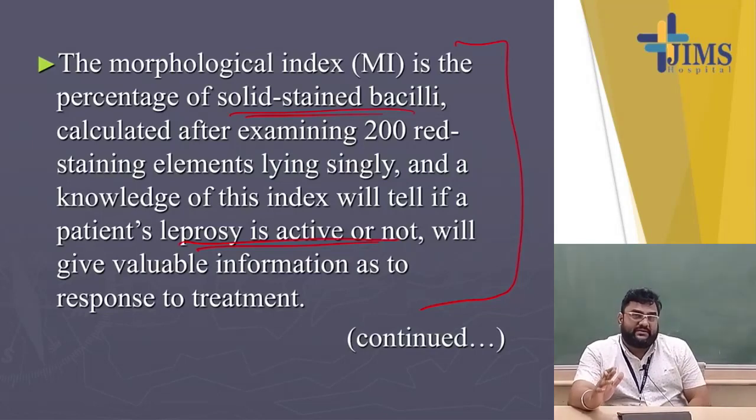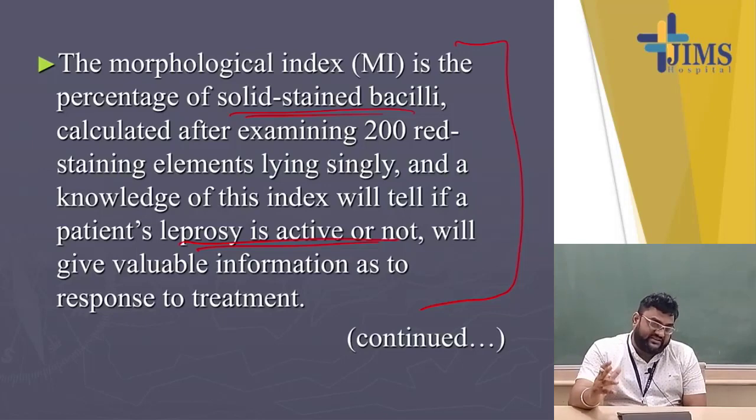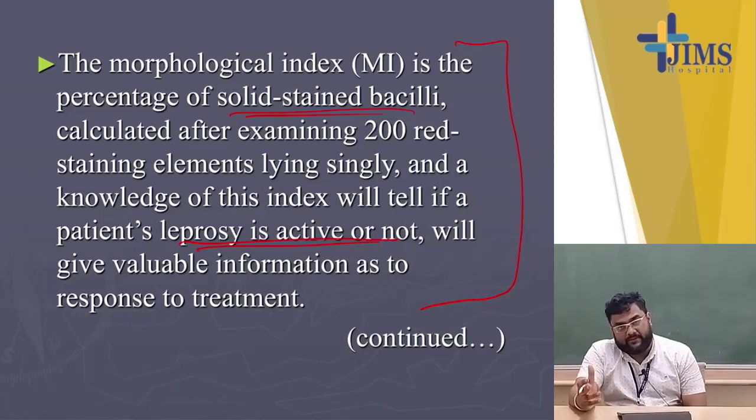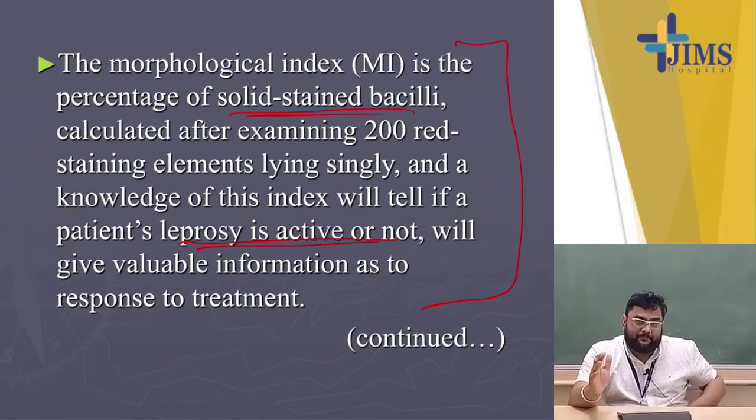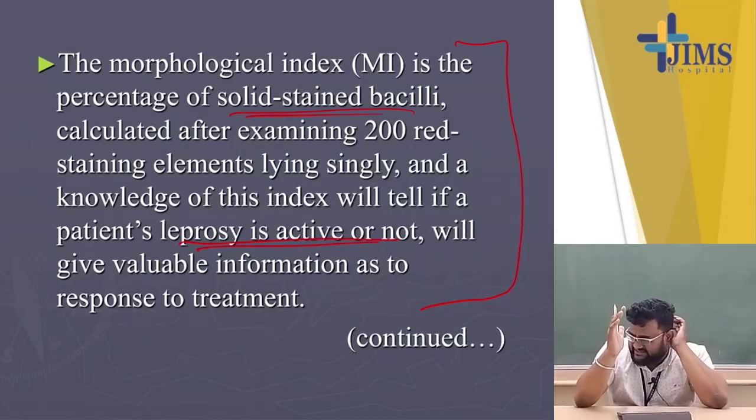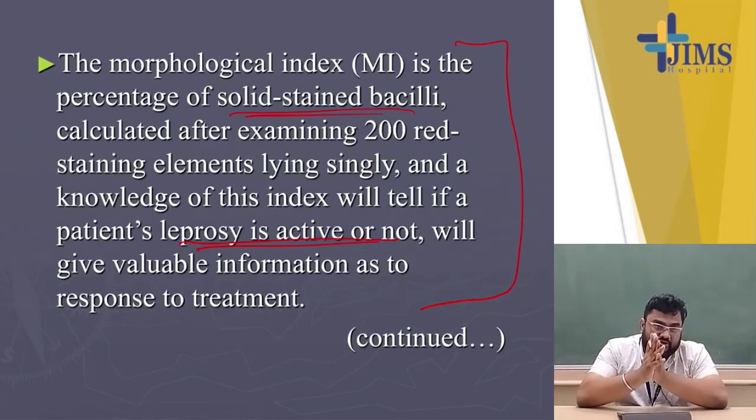Now, leprosy patients mainly, a lot of patients will come with hypopigmented anesthetic patches, 1 or 2 patches anywhere on the body. Sometimes we will see reddish nodules also, or multiple plaques or hypopigmented patches.